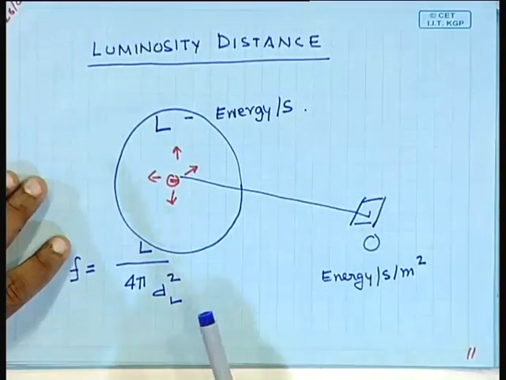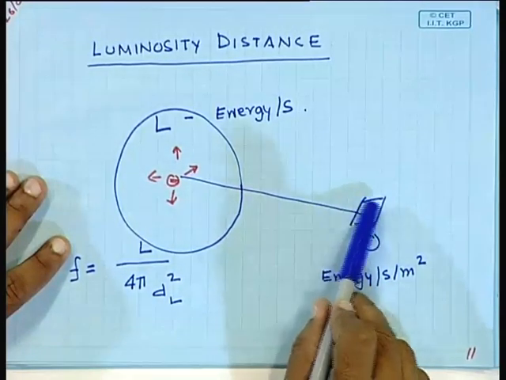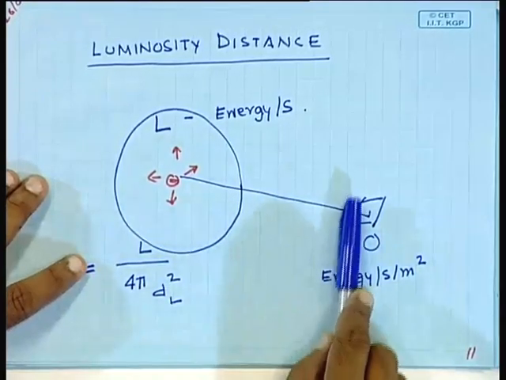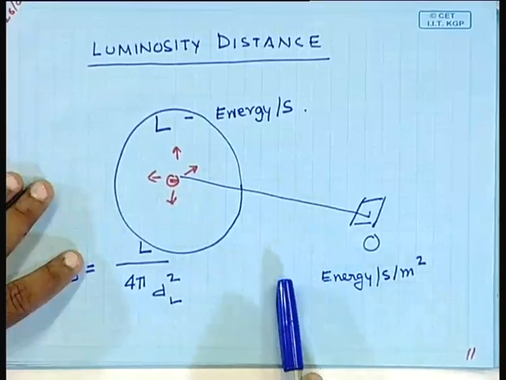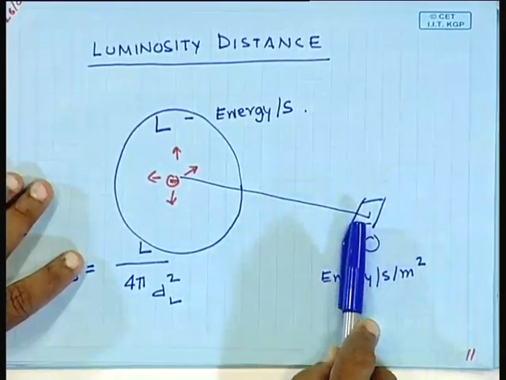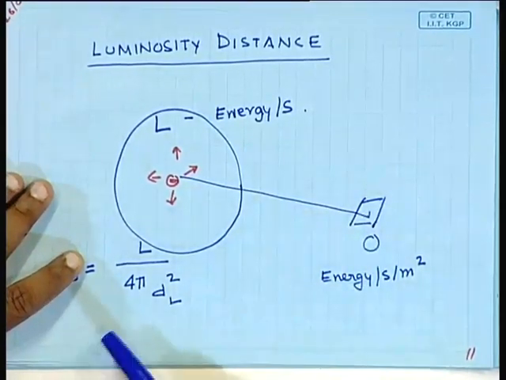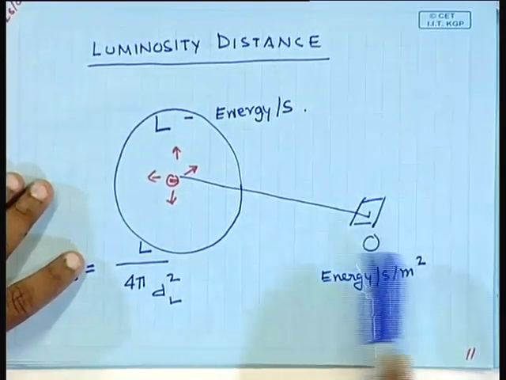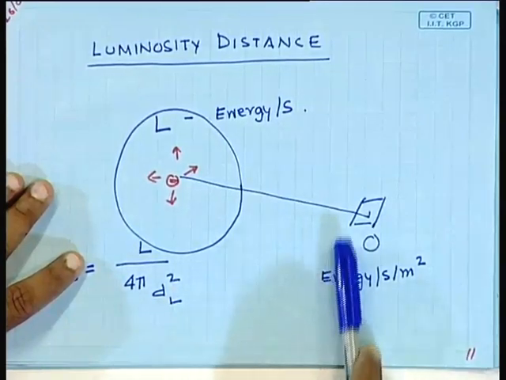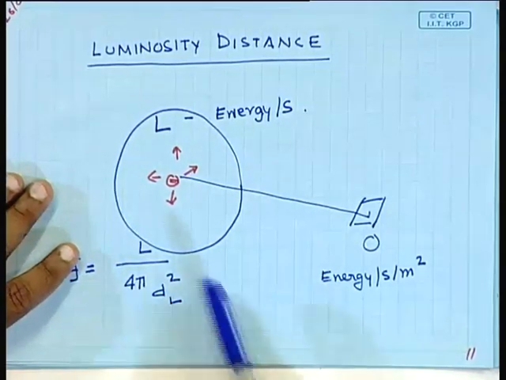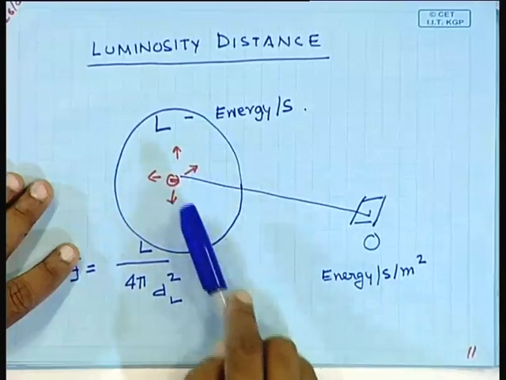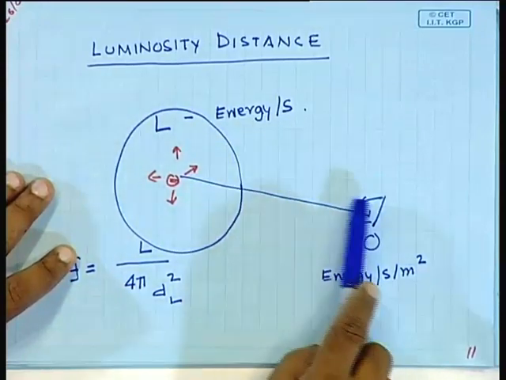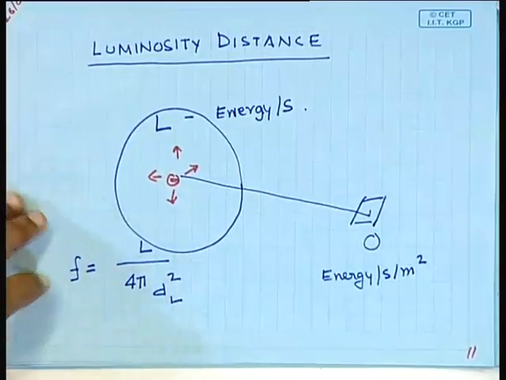We assume that the detector has a unit area, 1 meter by 1 meter. The flux is what the observer can measure. The flux is the amount of energy that comes into this 1 meter square area detector in 1 second. And in Euclidean or in any geometry, the energy that comes out from here gets distributed over a sphere of area 4 pi times the distance squared.